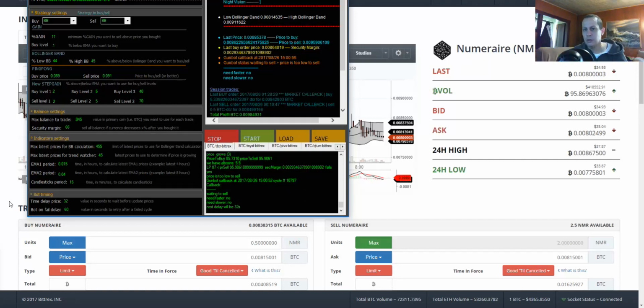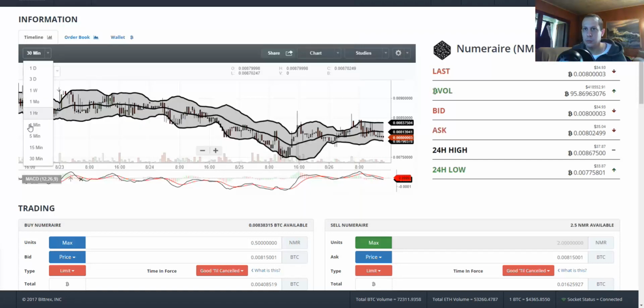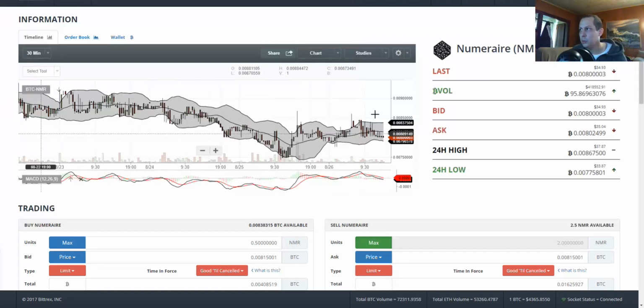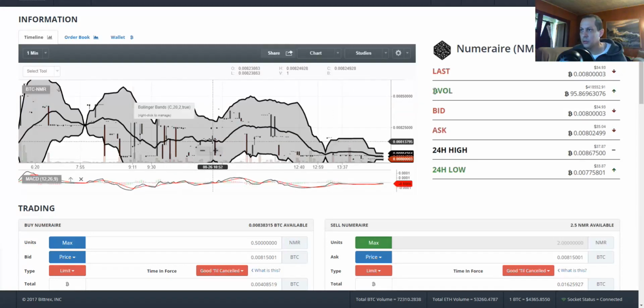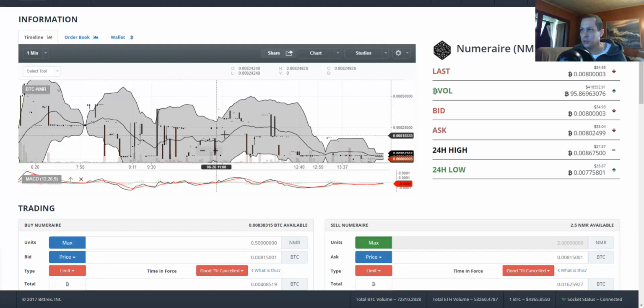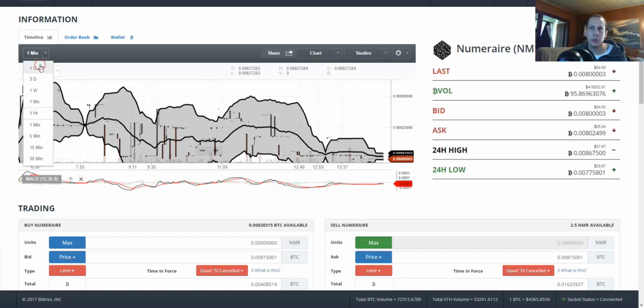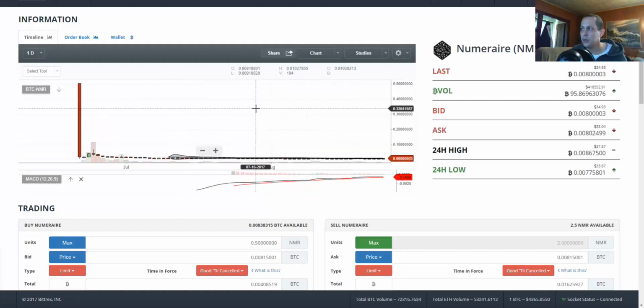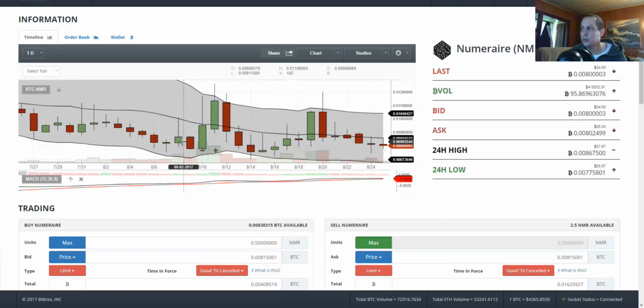You can see it's like zooming in, versus if you were to turn it down to 1 day, you see it zooms out. So your 1 day is good to take a far out look at what the coin's doing, the general trend of it.